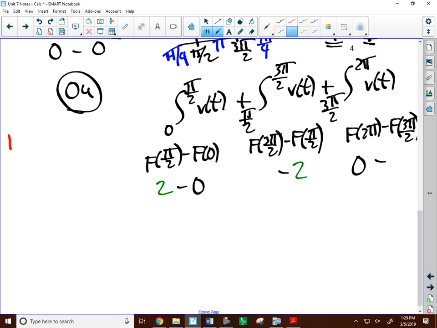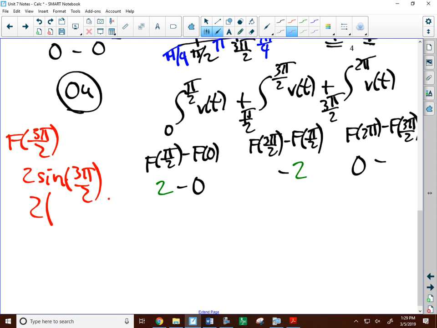Let me do f of 3 pi over 2 now. So it's 2, and then sine of 3 pi over 2. So bring the 2 down. What's sine of 3 pi over 2? Sine is the y-coordinate. -1, yeah.